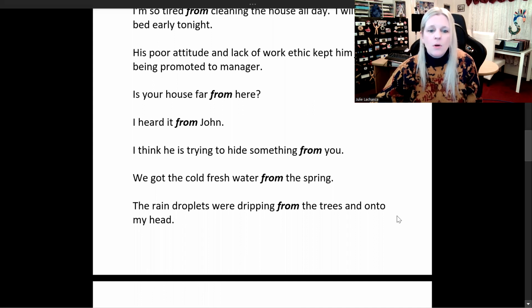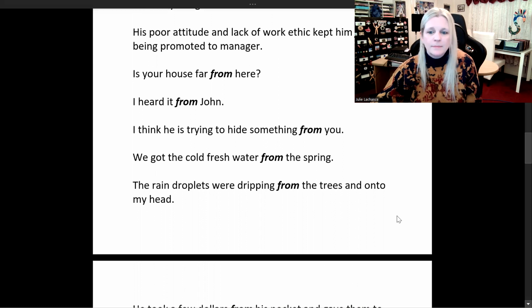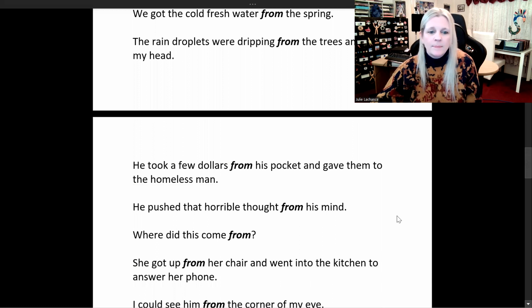We got the cold, fresh water from the spring. The rain droplets were dripping from the trees and onto my head. He took a few dollars from his pocket and gave them to the homeless man.